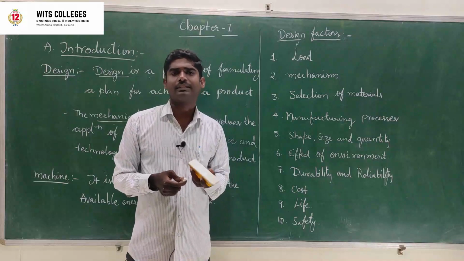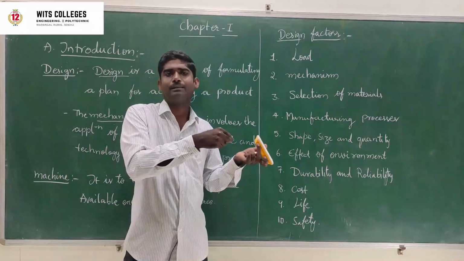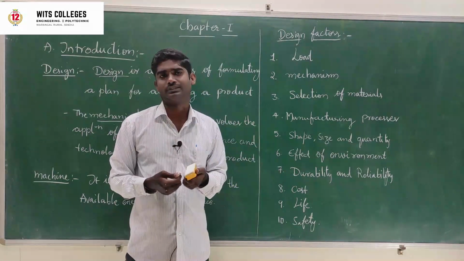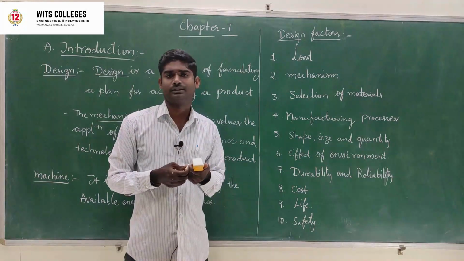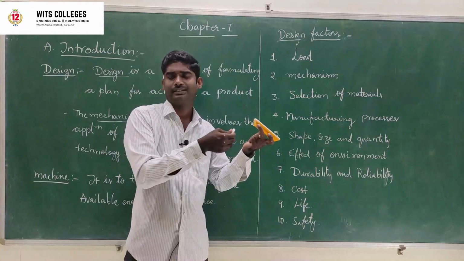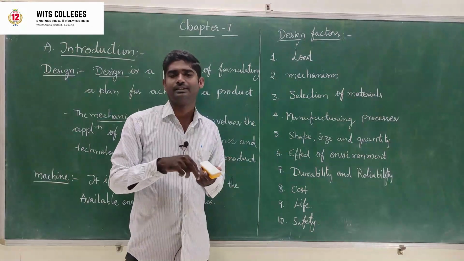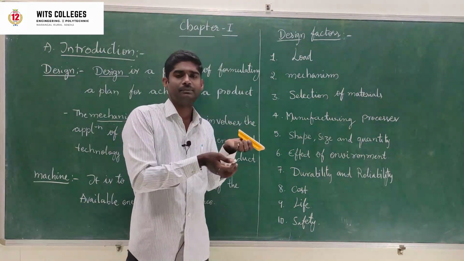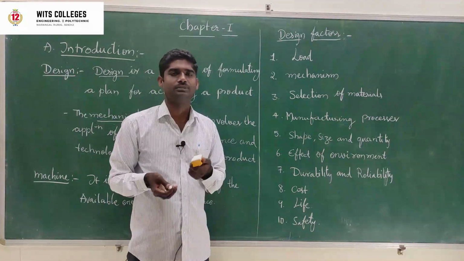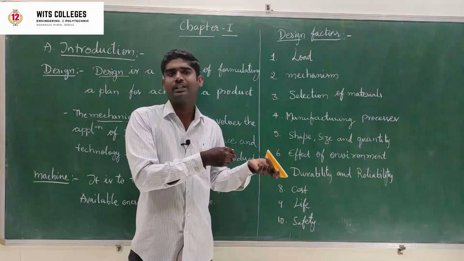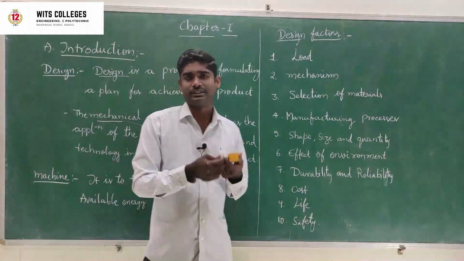What is a machine? For different applications we use different machines. Turning, we use only the lathe. Drilling, we use a drilling machine. Shaping, we use a shaping machine and milling machine.